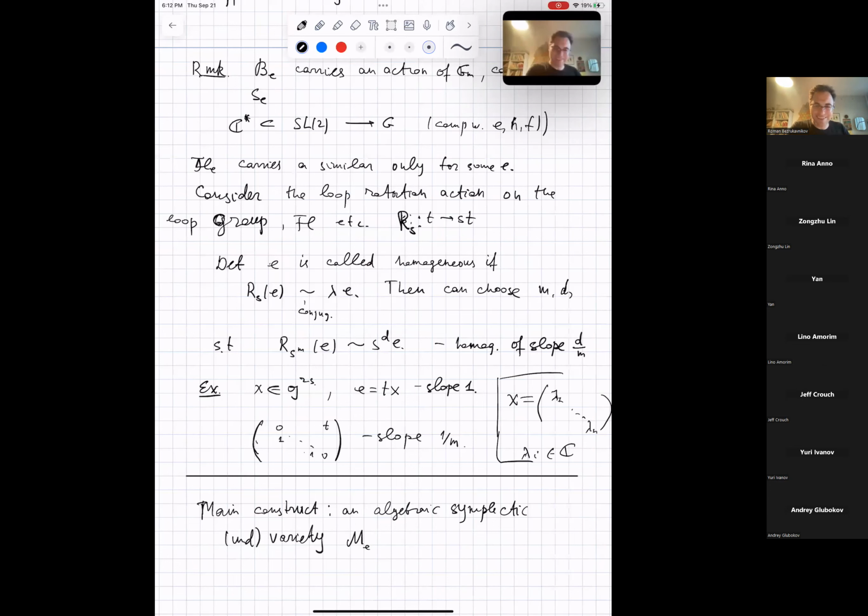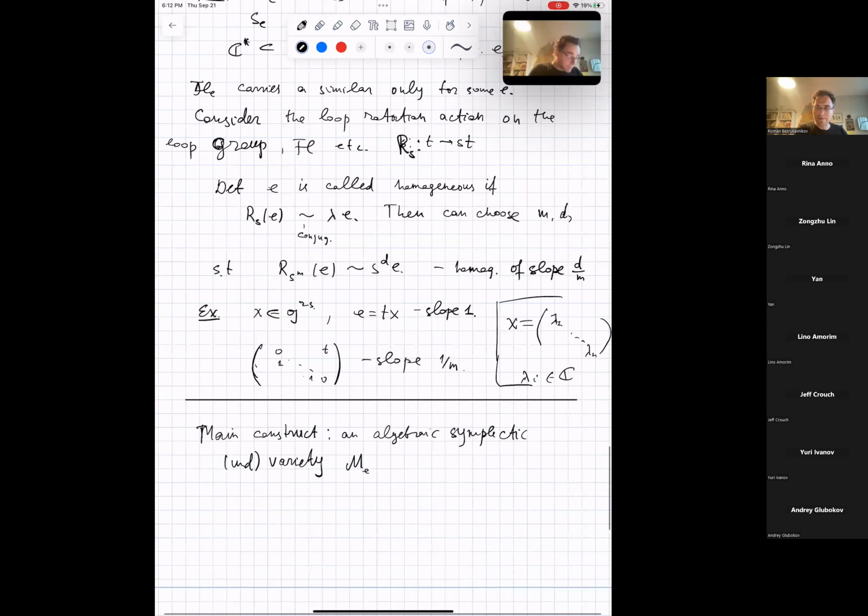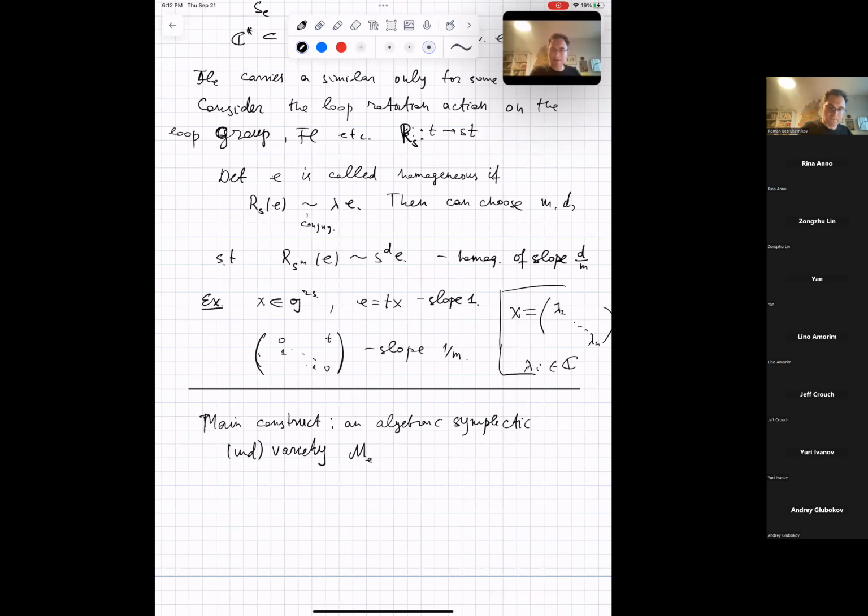Sorry about that interruption. So, construct an algebraic symplectic variety, which is where the zero fiber is a Lagrangian.